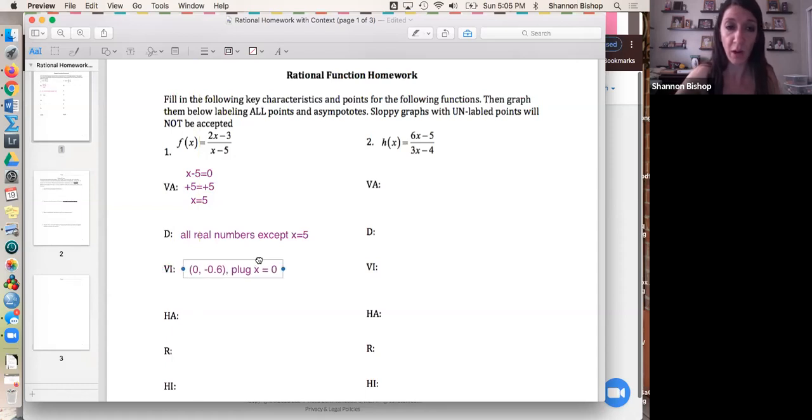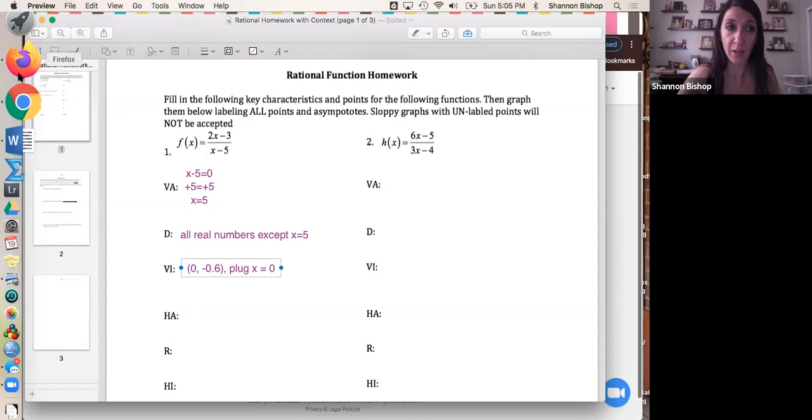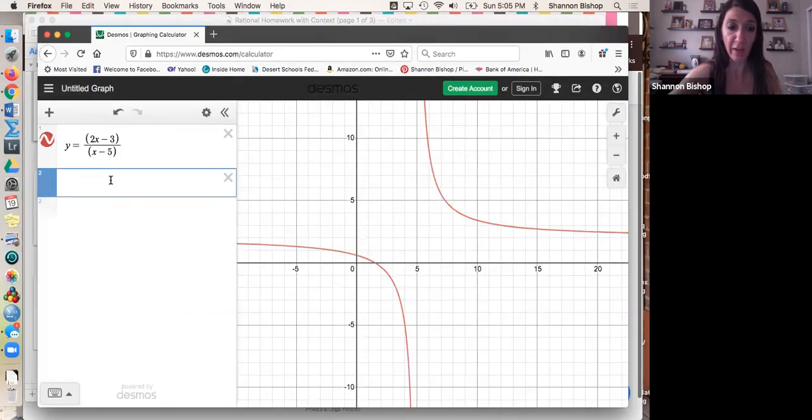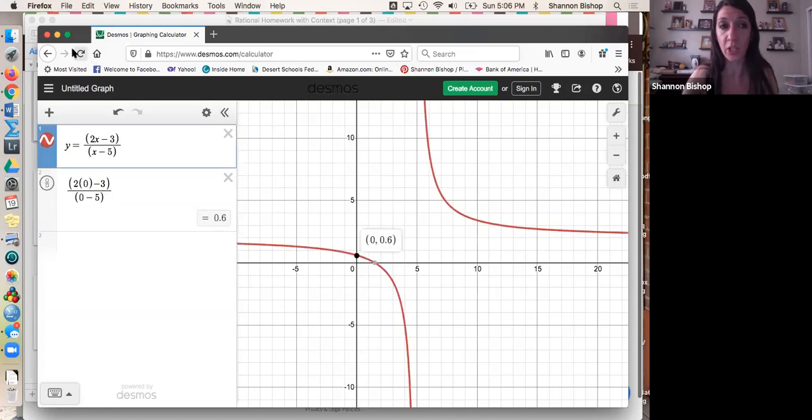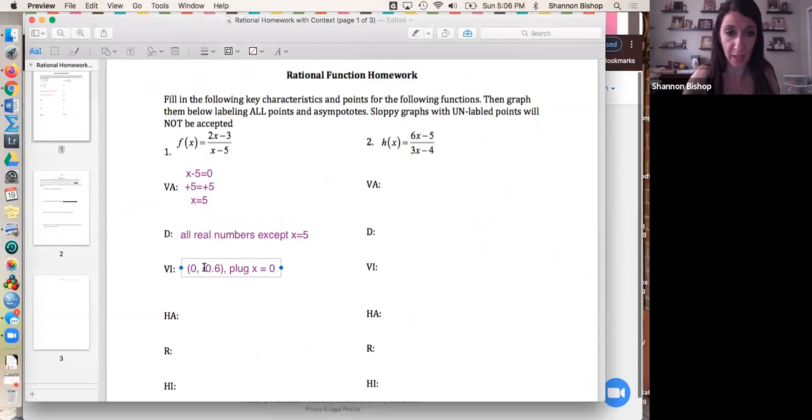So if you just grab your pencil and put a 0 everywhere that you once saw an x, 2 times 0 minus 3, and then divide that by 0 minus 5, oh, positive 0.6. If you just plug a 0 in, you're going to get 0.6. So with a pencil, you can plug in 0. With Desmos, you can just touch it. But either way, it is at 0, positive 0.6.